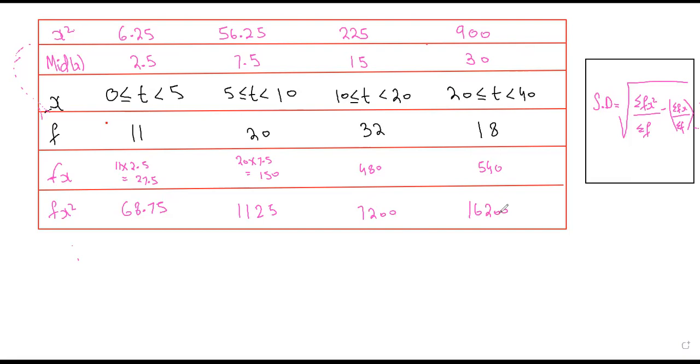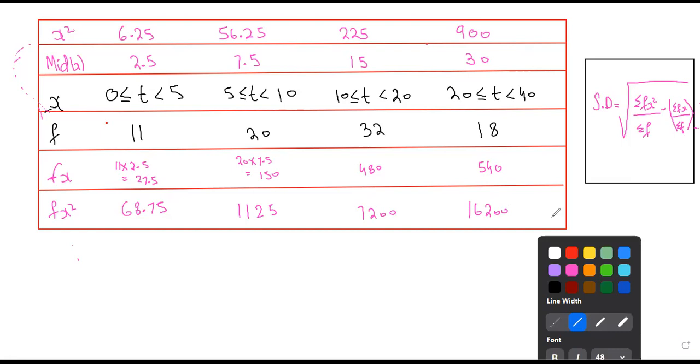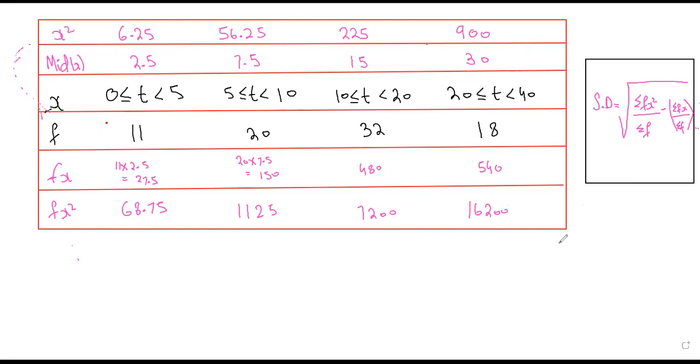Now we are almost done. We just need summation fx squared, summation f, and summation fx. Yes, I would want you guys to answer this. Summation fx squared, summation fx, and summation f.